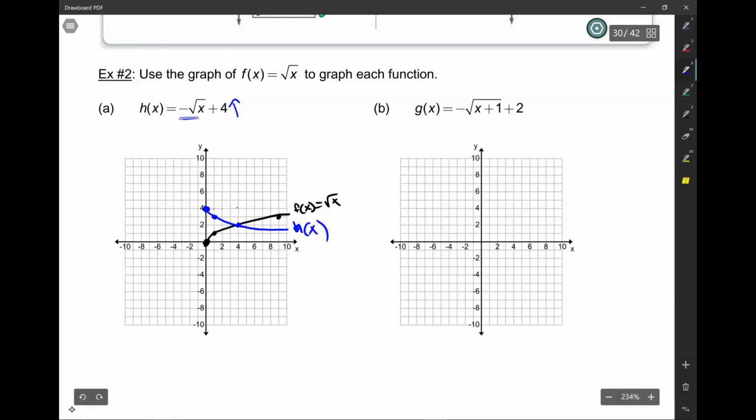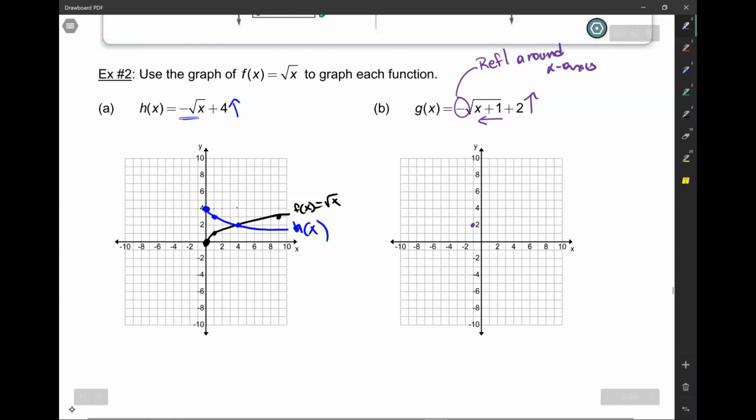And now what about this one? Here, the function, the endpoint is moving to the left 1 and up 2. So I'm going to start here. And what does the negative do? It's a reflection around the x-axis.